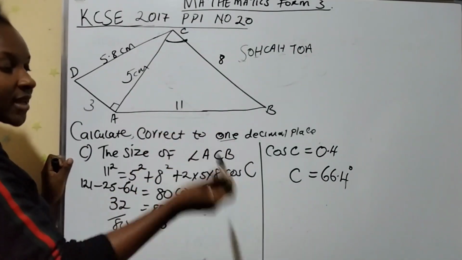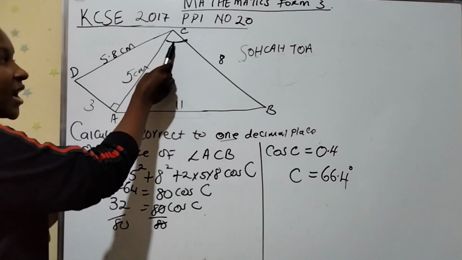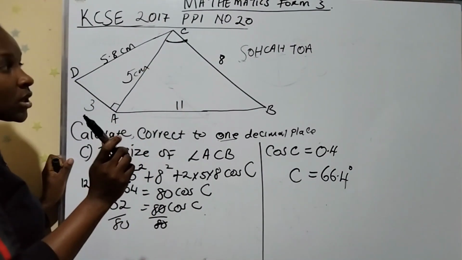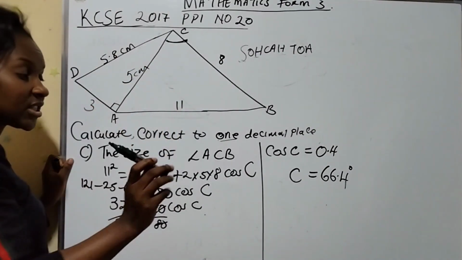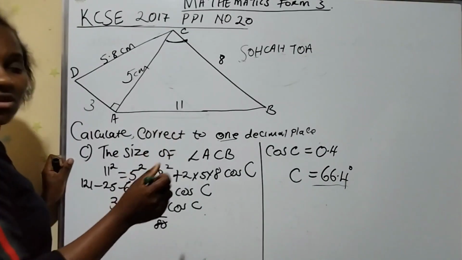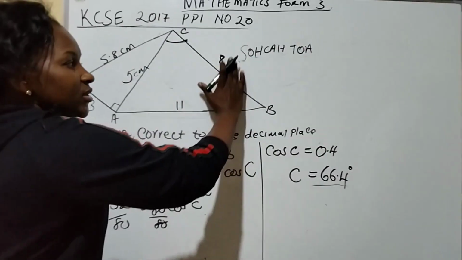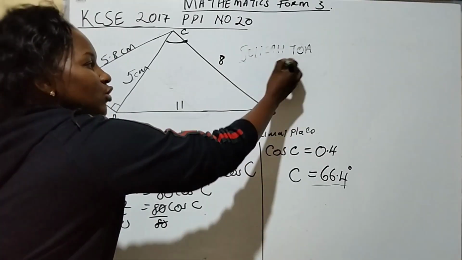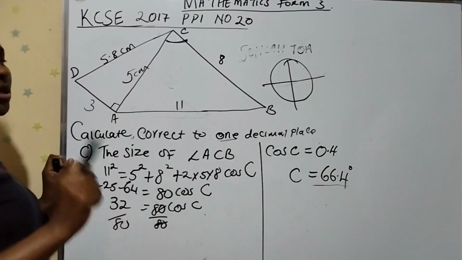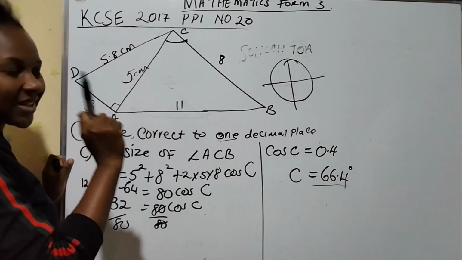But as I just mentioned, this angle is more than 90. Just by the look, it is more than 90 degrees. And so we cannot have our angle being 66.4. Rather, we are going to use the information that we had learned earlier about the unit circle.